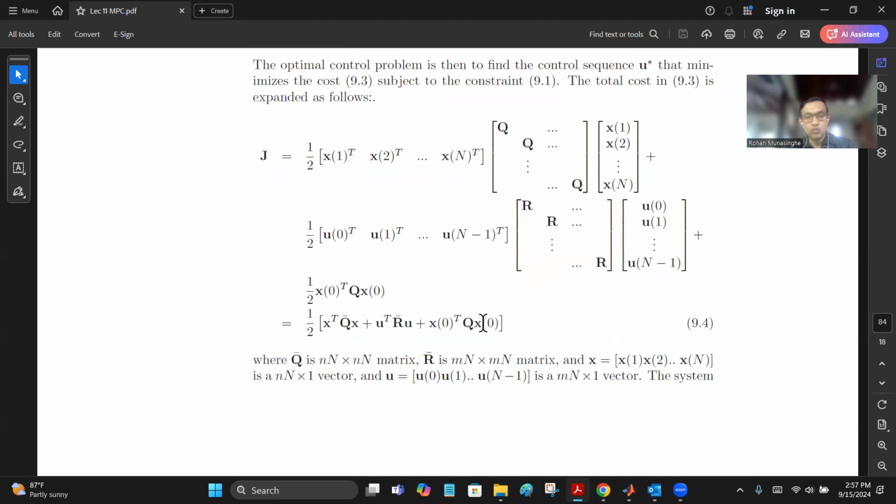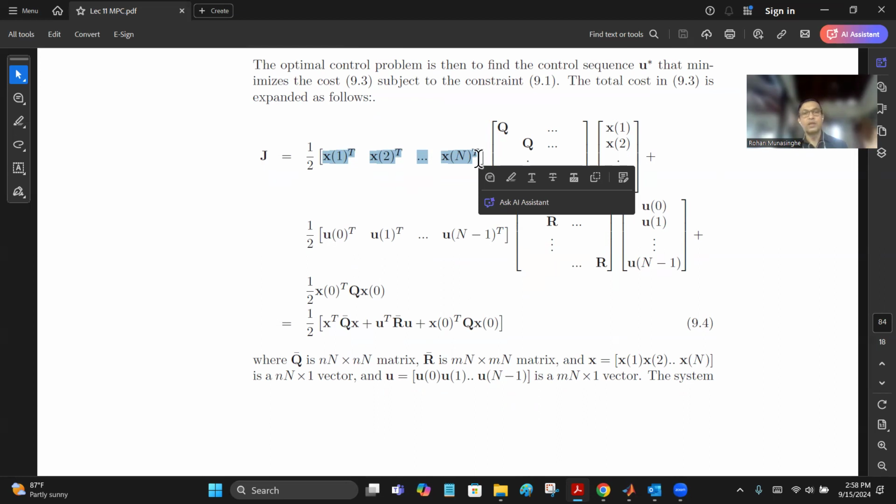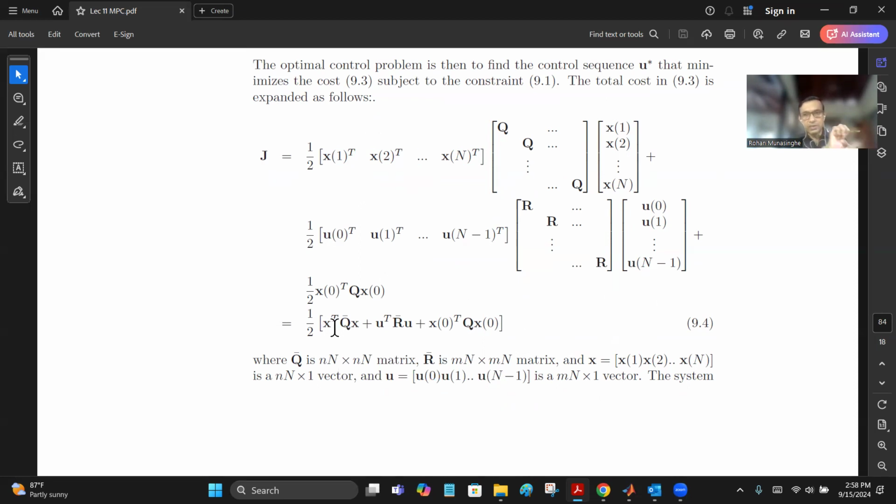Then to simplify this long, huge expression, we introduce new terms here. This entire vector, all of the state vectors from 0 to n minus 1 as a very long row vector, we write as x transpose. Now this x is not the state vector, but all of the state vectors aligned together.